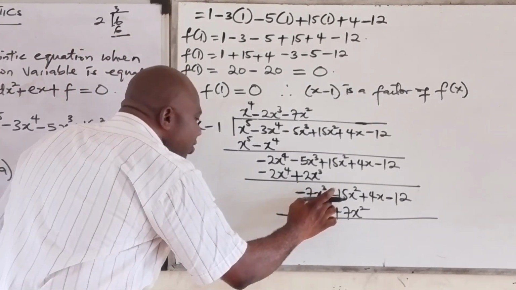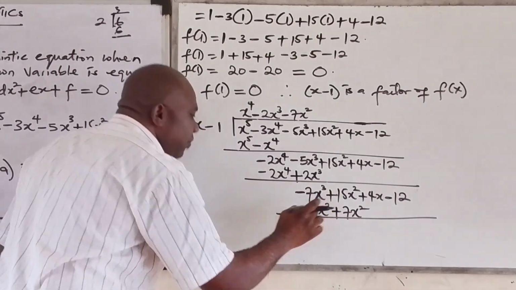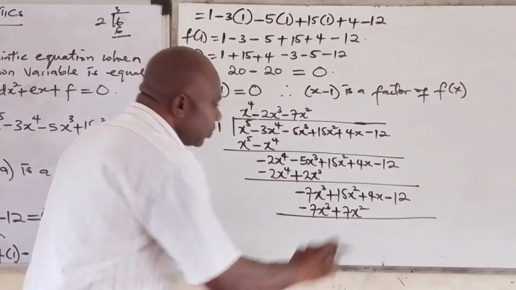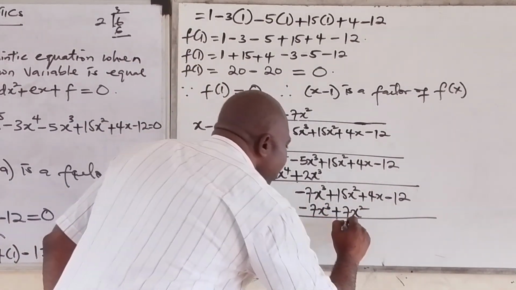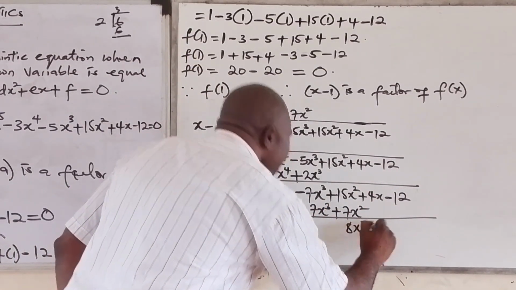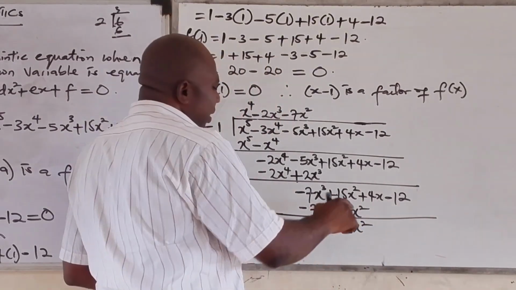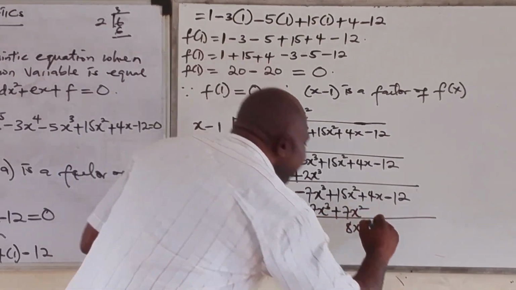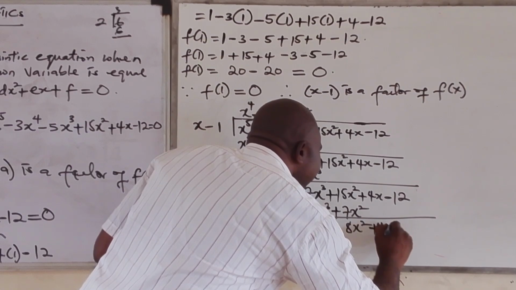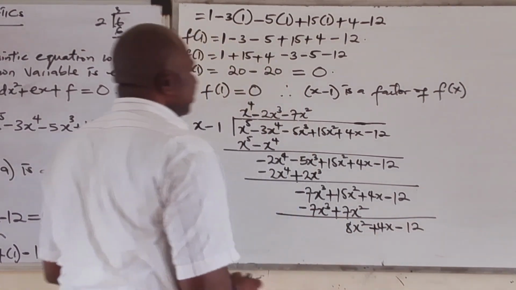So now, minus 7x power 3 minus 7x power 3 will be 0. 15x squared minus 7x squared is 8x squared, then here we have plus 4x minus 12.